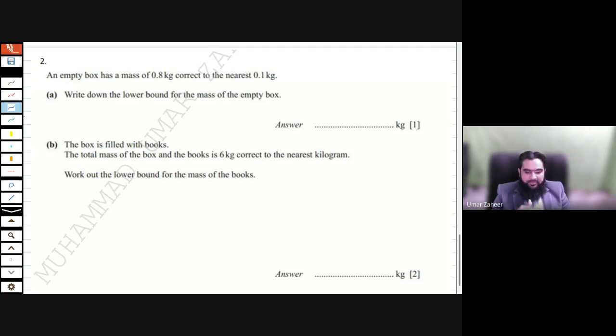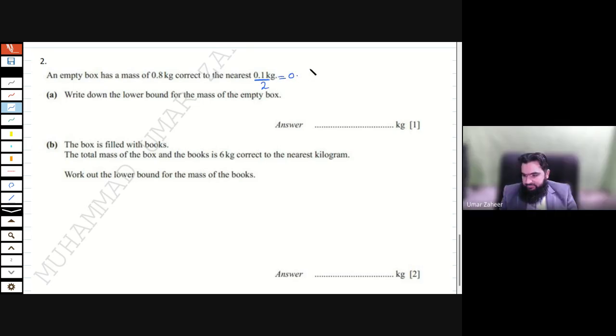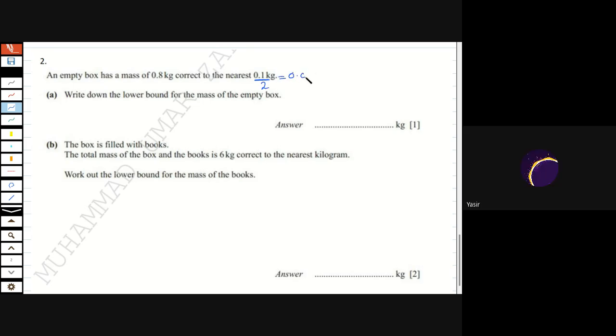Yes, Malaika, what will be the first step? Yes, Fajar. Yes, Yasir. So we divide the 0.1 kg by 2. That will be 0.05.